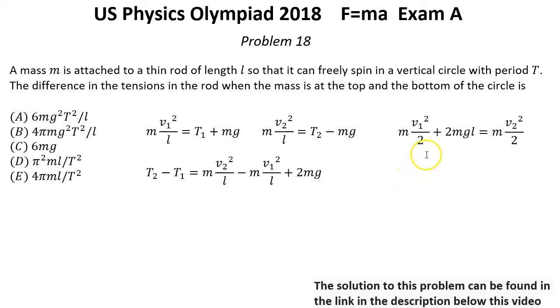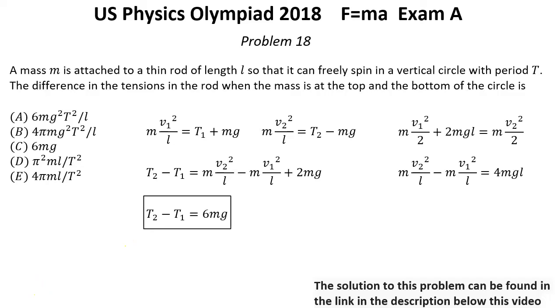And from energy conservation, we can find that this difference equals 4mgL. Now using these two equations, we can find that T2 minus T1 equals 6mg, which is answer C, and this is the correct solution for problem number 18.